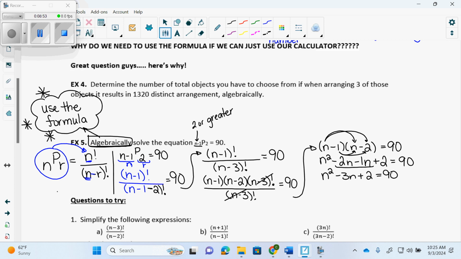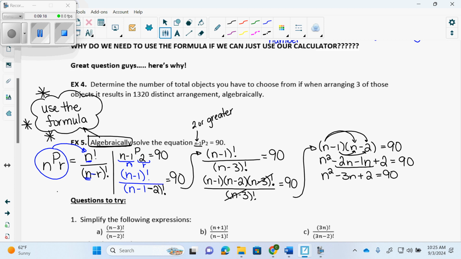Move everything to one side and set equal to 0. And then you have to factor a quadratic formula every single time. There's no options. People are like, I'm not sure what I do when I do this. Every single time you have a squared and a single variable, you have to move everything to one side, set equal to 0, and then factor a quadratic formula every time. Those are the only options. People are like, but I don't know what to do. I'm like, that's it. You have no other options.